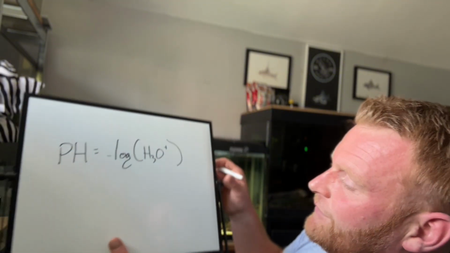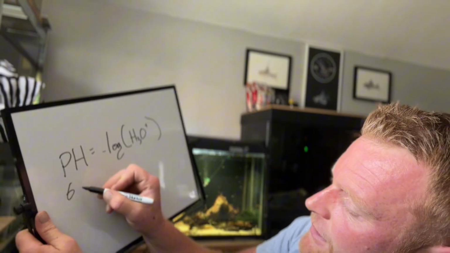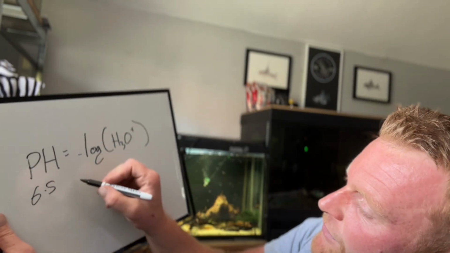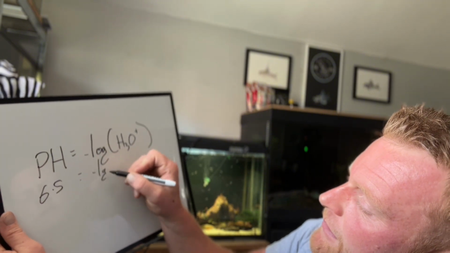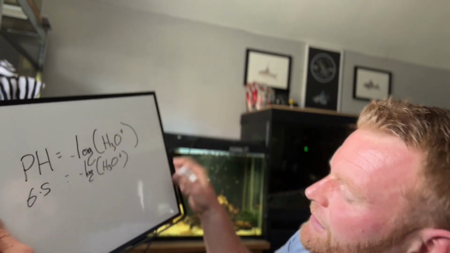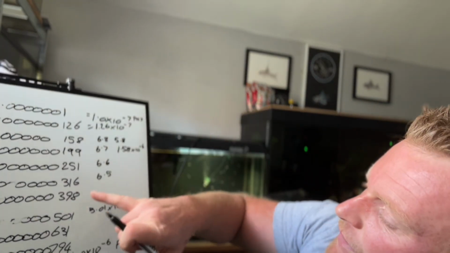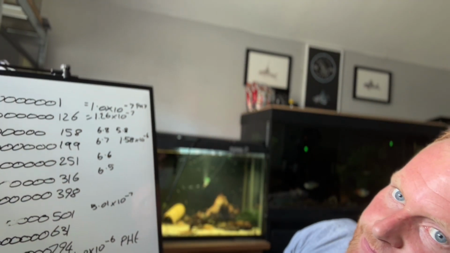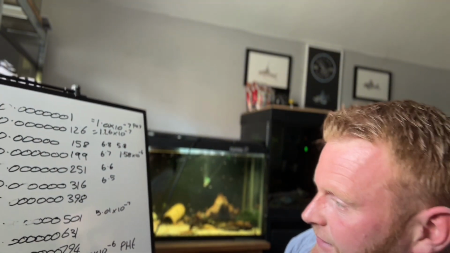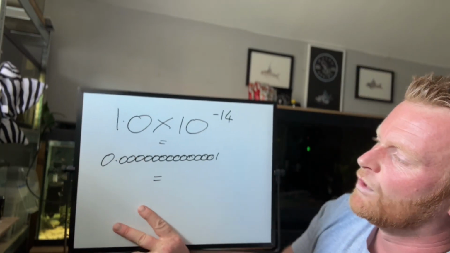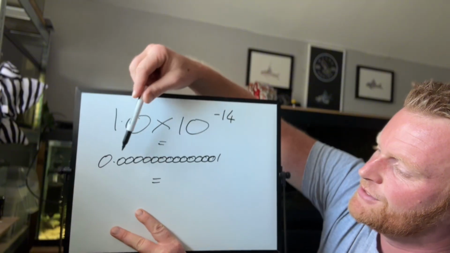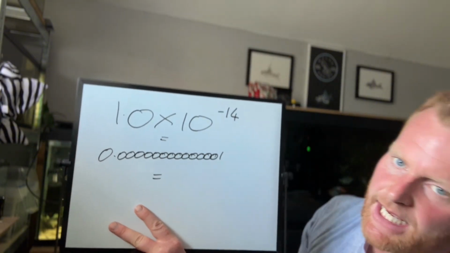So if you have a pH of 6.5 and you want to know how many hydronium ions are in there, you substitute your pH for 6.5: minus log H3O plus gives you 6.5, is that number there. 0.0000001316. All right, so there's another number. 1 times 10 to the power negative 14 is the same as this long number, 0.13 zeros and 1.